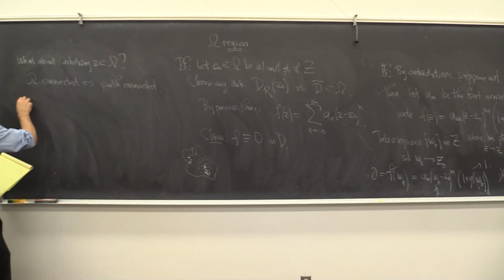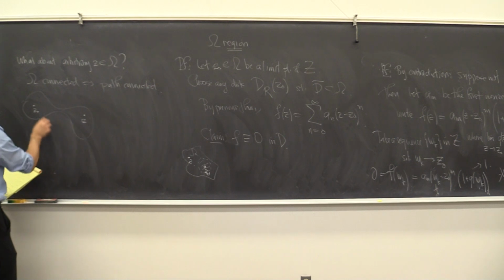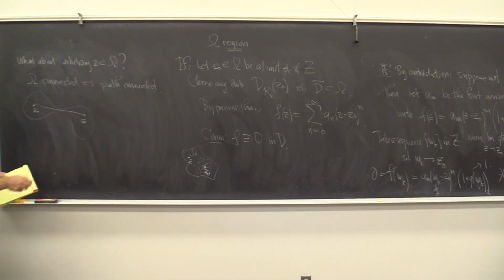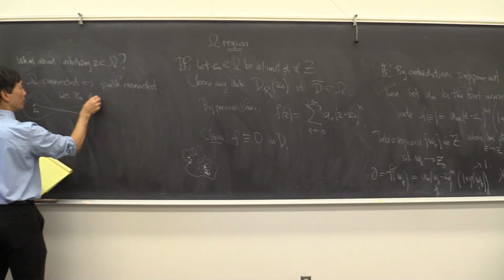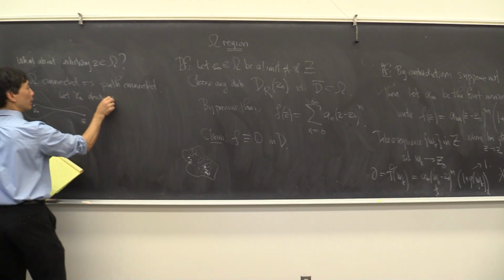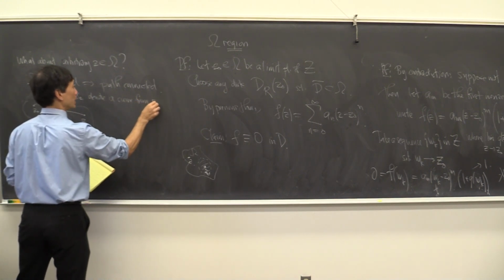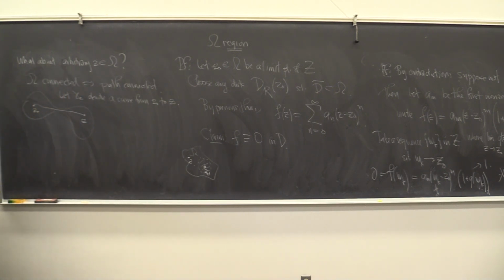Right, here's my z naught, here's z. You know that there's a path connecting z to z naught, right? So let omega z denote a curve from z naught to z. It doesn't matter.